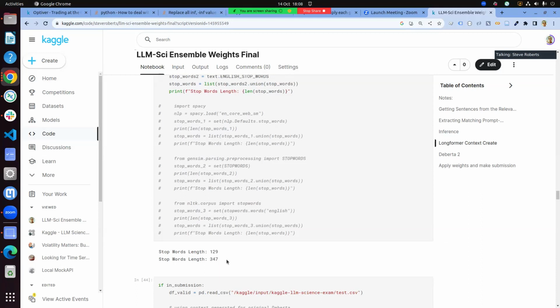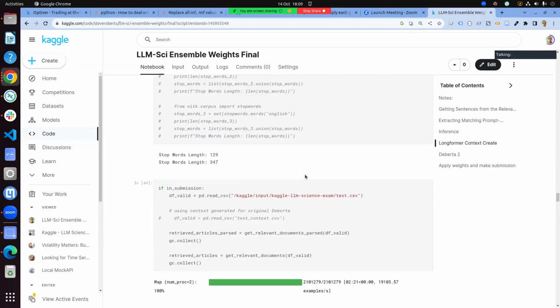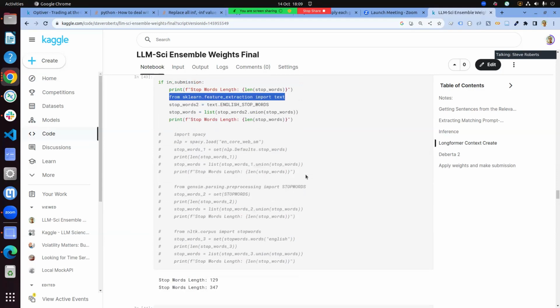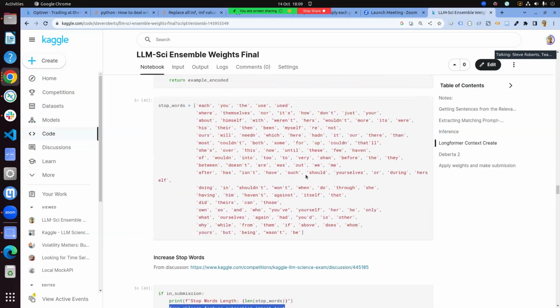I tried increasing it more by pulling in stop words from other libraries, but they actually put the score down a bit.